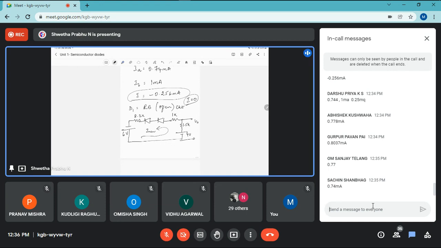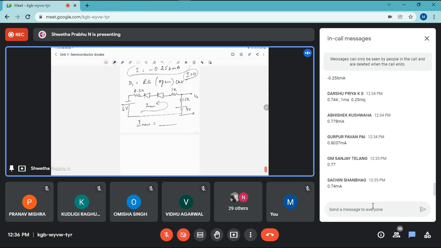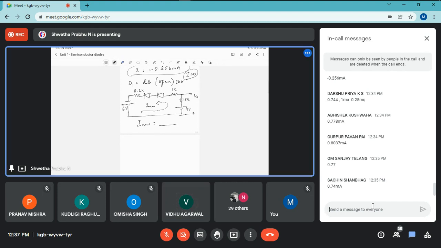Rewrite the circuit, find the new value of current, find V0. Apply KVL anti-clockwise. The new value of current is 0.77 milliamperes. No, please check once again.